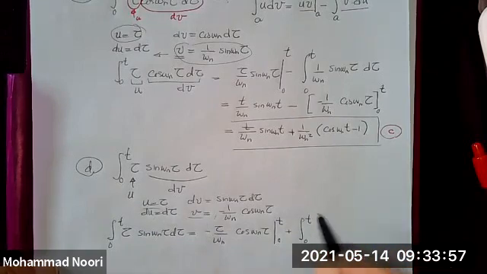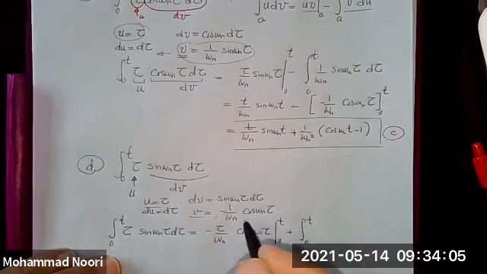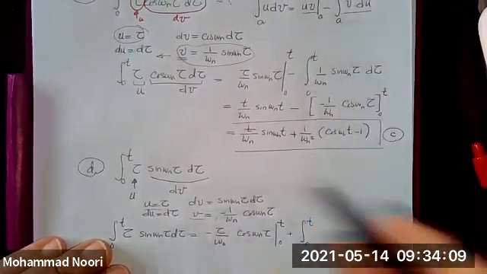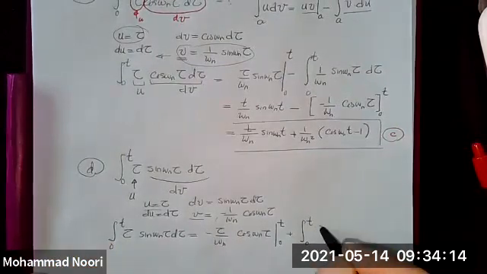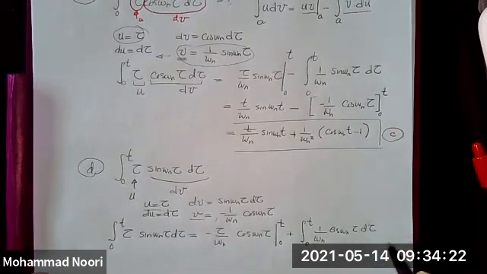Because v is negative, the negative becomes positive. That will be 1 over omega n cosine omega n tau d tau.